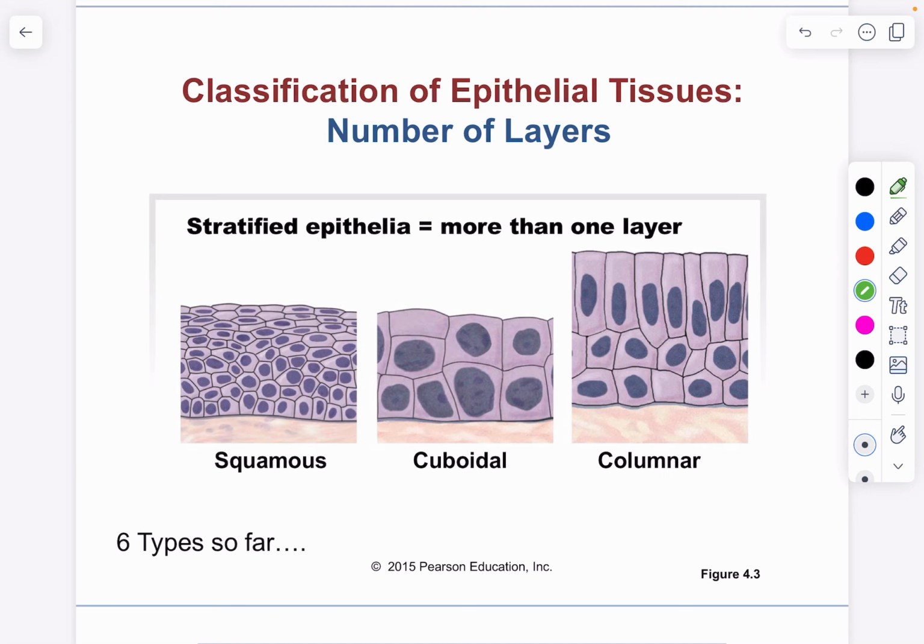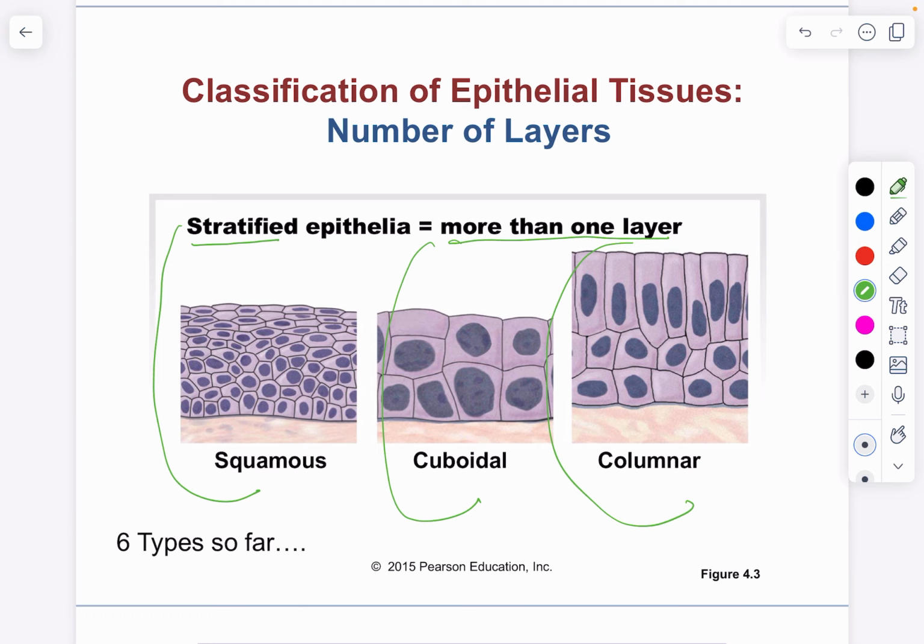When we have more than one, we call it a stratified epithelia. So your first job is just to look at it and decide if there's one layer or more than one layer, okay? We're going to be talking about stratified squamous, stratified cuboidal, and stratified columnar, because in each and every one of these pictures, there's more than one cell layer.